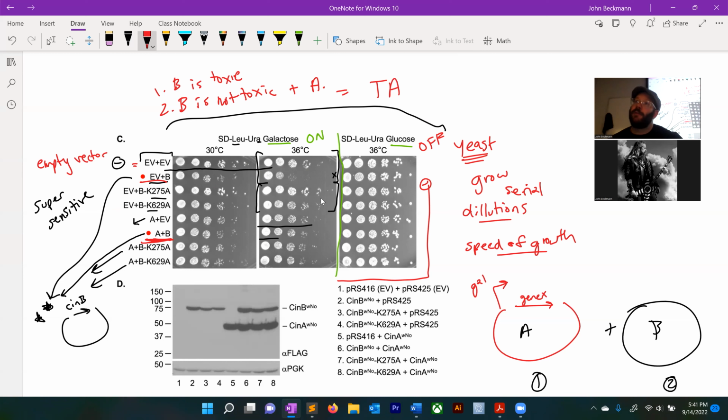But you said the data kind of sucks in this one, right? Let me clarify. I don't want to say that the data sucks, because serial dilutions are super sensitive. You could think about it the opposite way: this experiment is so sensitive, it's able to detect a very weak phenotype.